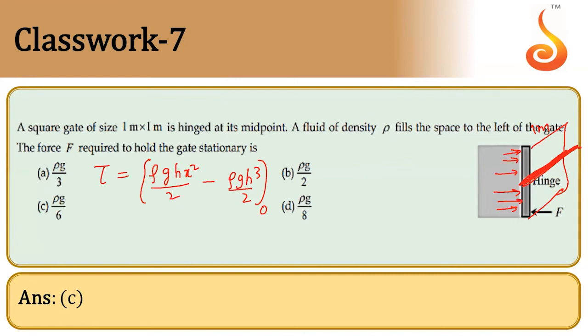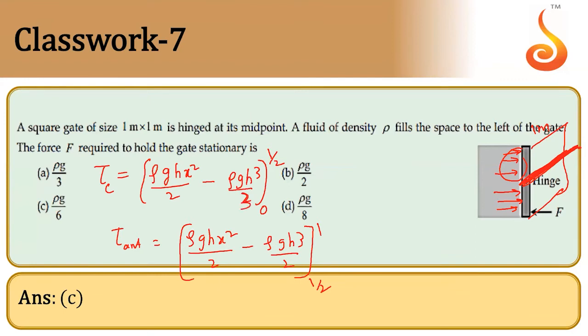But here, the liquid above the middle line will produce clockwise torque, so first you calculate clockwise torque with the same formula, but the limits will be 0 to half. Then for anti-clockwise torque, in the same integration, rho g h x square by 2 minus rho g h cubed by 2, the limits will be half to 1.